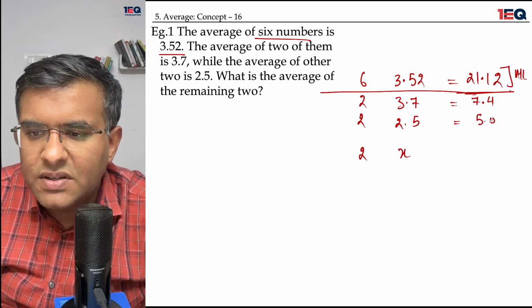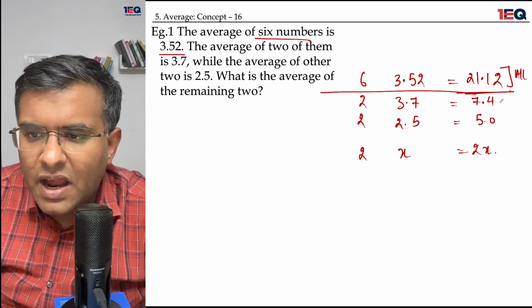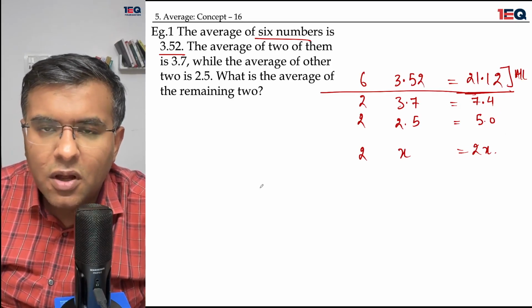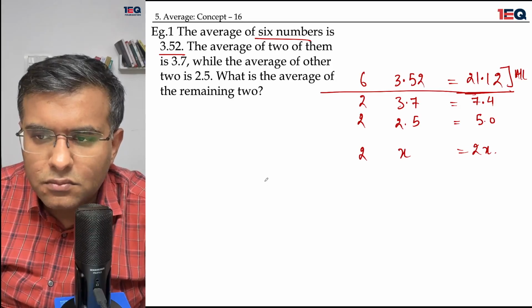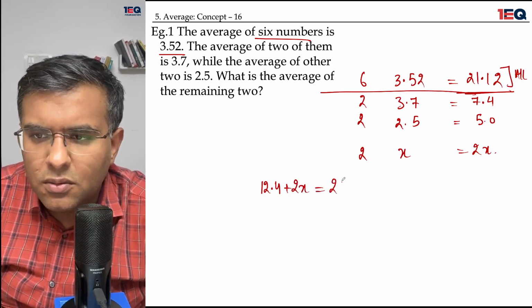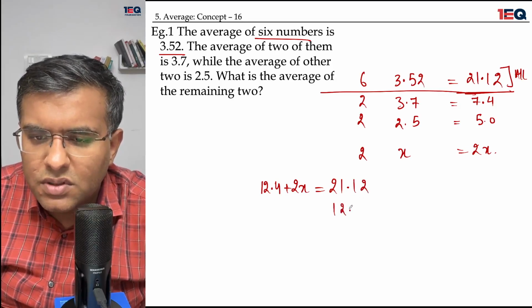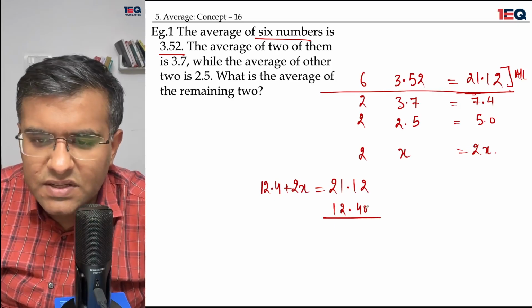This is 5.0 and this is 2x. Now if I add both of them separately, what I get is 12.4 plus 2x is equal to 21.12. So this is 12.40 which has come over here.